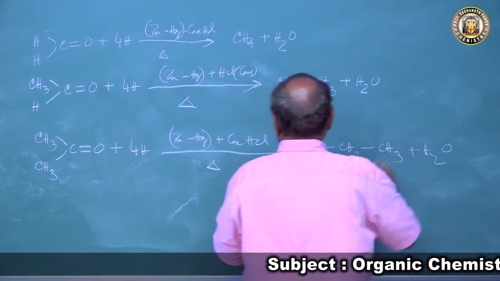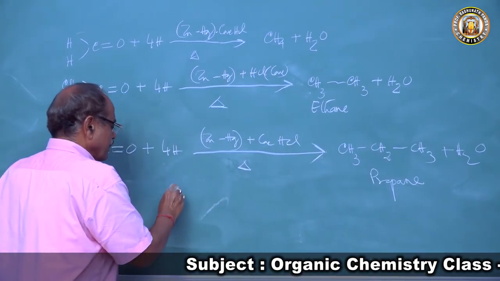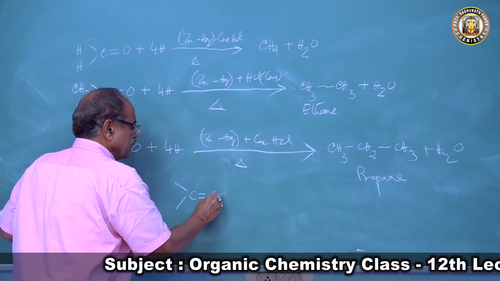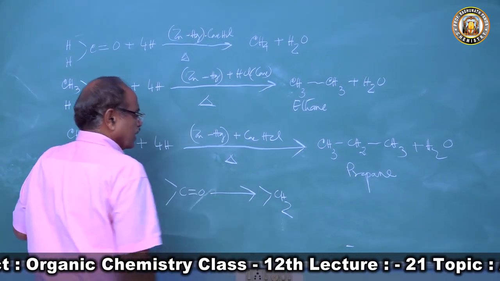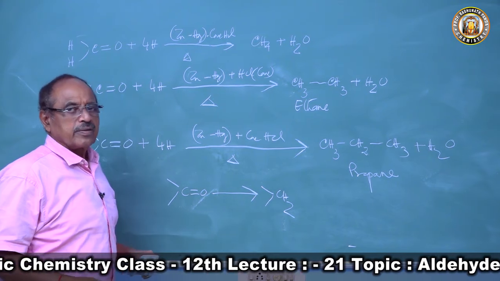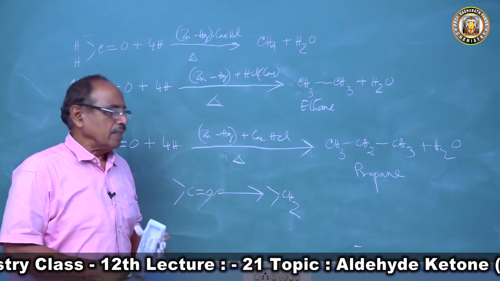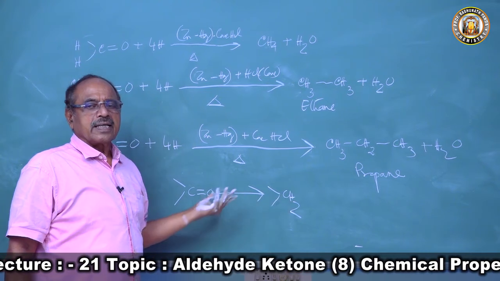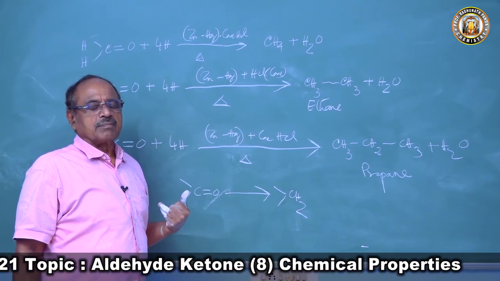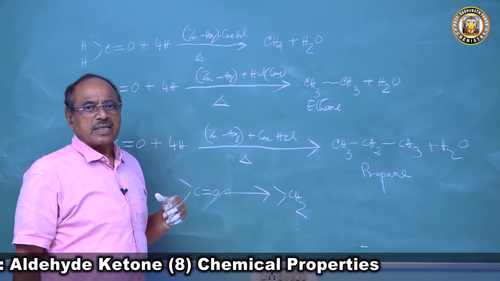So during Clemmensen's reduction, what happens? The carbonyl group is reduced to a CH2 group. So when you want the carbonyl group to be converted to an alkane, we use zinc amalgam and concentrated HCl, Clemmensen's reduction.